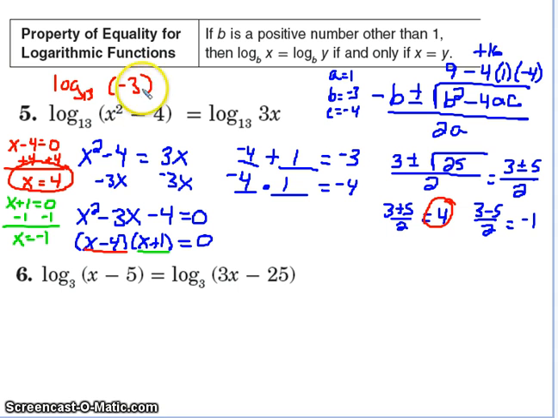So this is not possible. With that not being possible, we immediately know when we plug in a -1 over here, we get the same thing. We cannot take the log of a negative number. So x equals -1 does not work. That one is thrown out, does not work. Our only answer for number 5 is x equals 4.